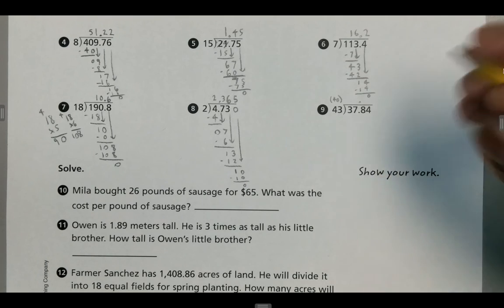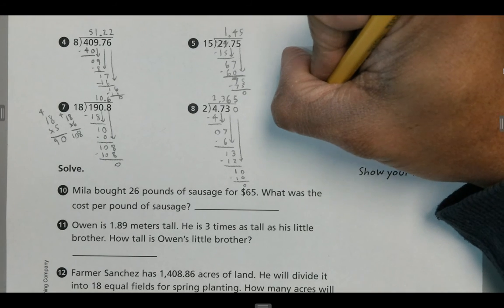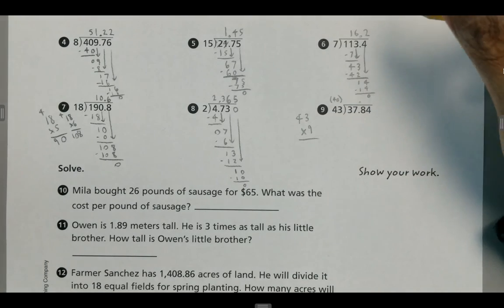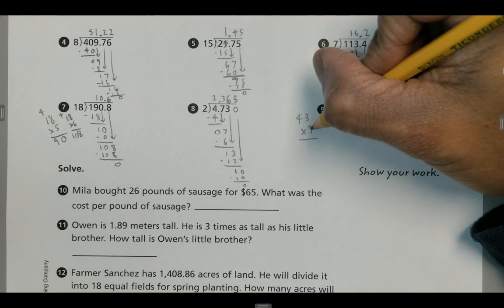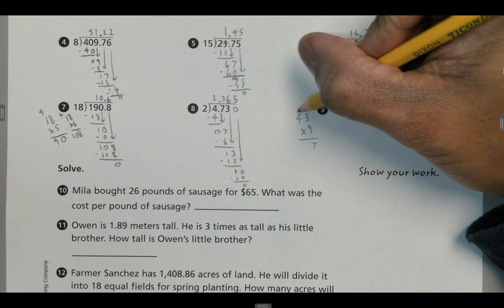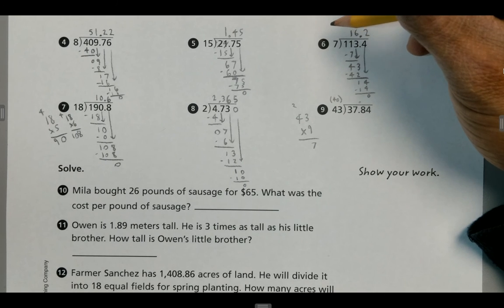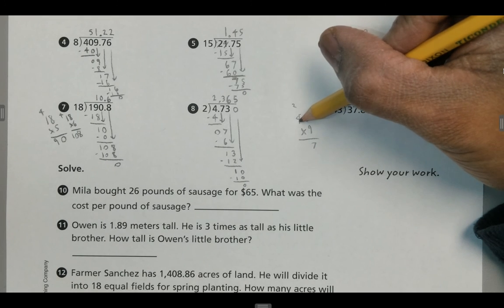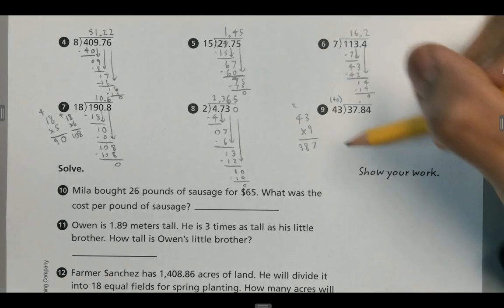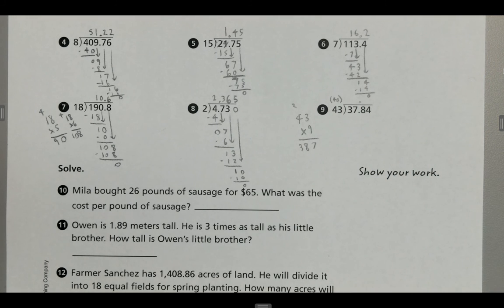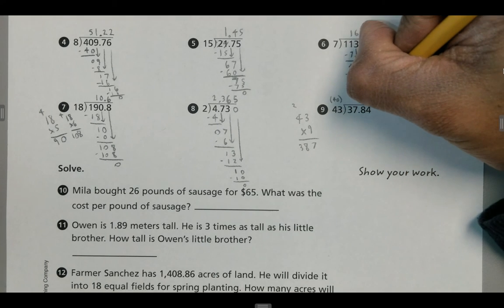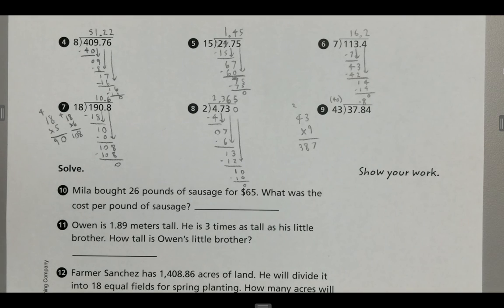Let's test out multiplying by 9. Side calculation. 43 times 9. Got a feeling we're going to overshoot it, but 9 times 3 is 27. 7 comes down, 2 gets carried. 9 times 4 is 36, plus the 2 is 38. Yep, overshot it slightly, so I feel very confident an 8 is going to go here.